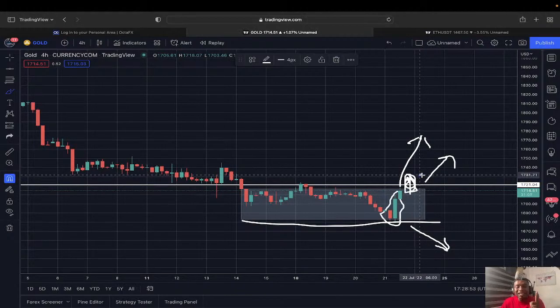Since this is a 4 hours candlestick chart, we'll look out for the next one. You don't jump into a trade immediately there is a breakout.